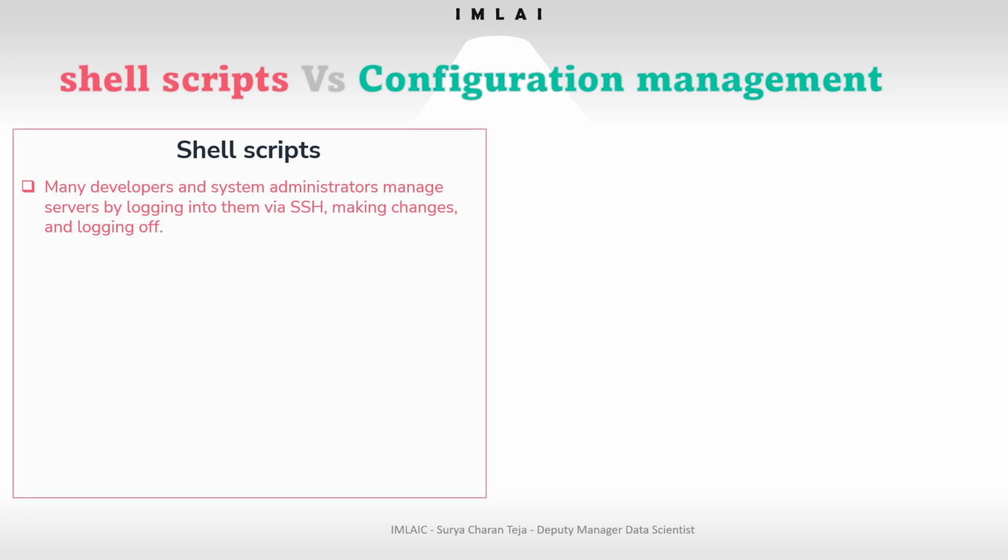If you want to make a small change in the config file on all the servers that you have, then manually, every time with every server, you log in via SSH, do the change in the config file, and then log off. It takes a huge amount of time, and you have to repeat the same task for each server. So how can you handle this?